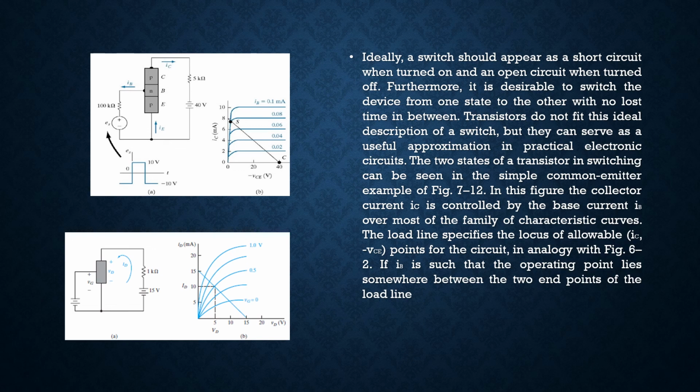Now here we have taken a PNP transistor, our base to emitter junction is forward biased, and our collector to emitter junction is reverse biased. And here you can see that we have drawn the collector emitter voltage across the collector current.